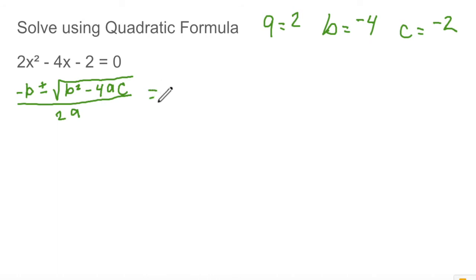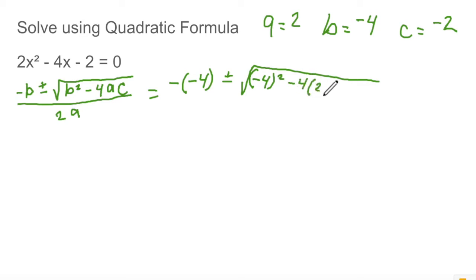When we plug in the values we just identified, we get negative b, which is negative negative 4, plus or minus the square root of b squared, which is negative 4 squared, minus 4ac, so minus 4 times 2 times negative 2, over 2a, which is 2 times 2.